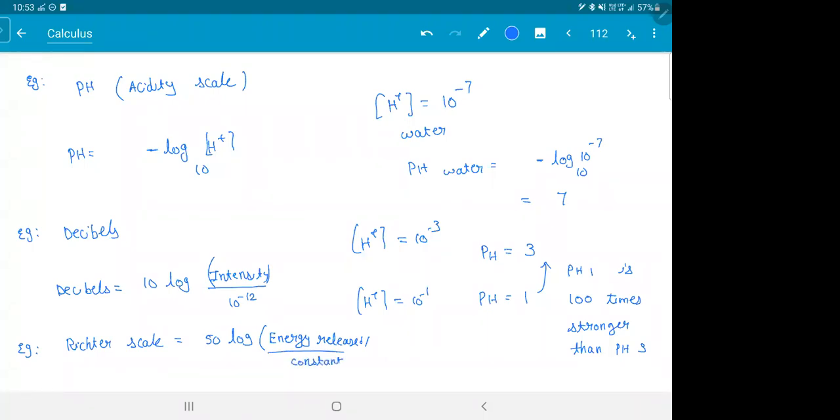So all these are log scales. That means for earthquakes of 5 and 6 and 7, what is the difference? 6 is 50 times stronger than 5. 7 is 2500 times stronger than 5. So every time it gets multiplied by a factor of 50. So if someone says earthquake 5 and earthquake 6, 6 is pretty deadly. That one unit is 50 times stronger.